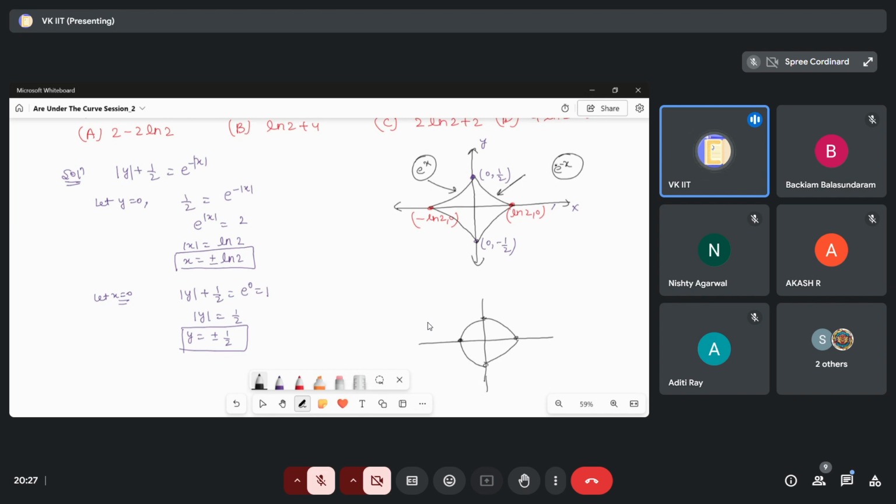Getting this point, everyone? So mirror image, can you tell me what is the inverse of e to the power x? ln x, exactly. And that is drawn here. So we know that e to the power x and ln x are inverse of each other.